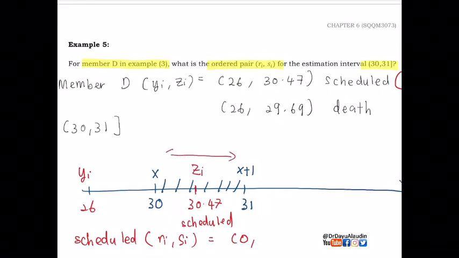ZI is between this interval, so SI must be between 0 and 1. So ZI is x plus SI. So x is 30, plus SI is 0.47.